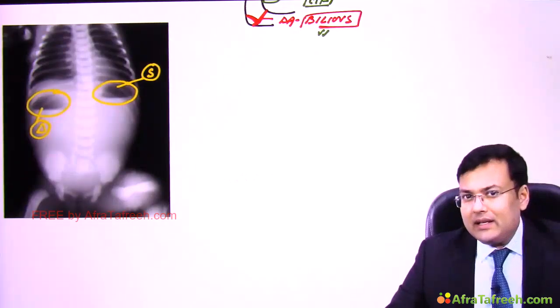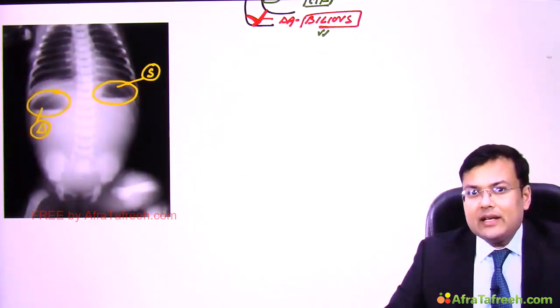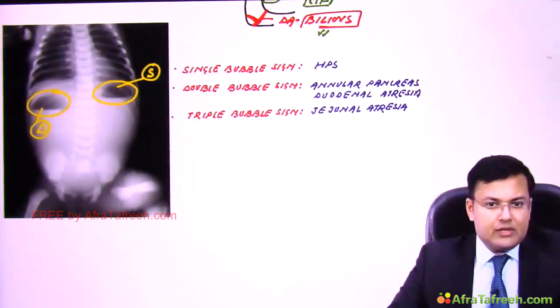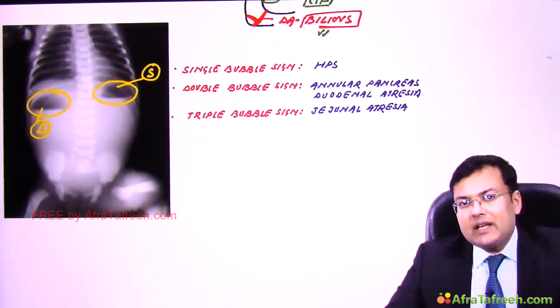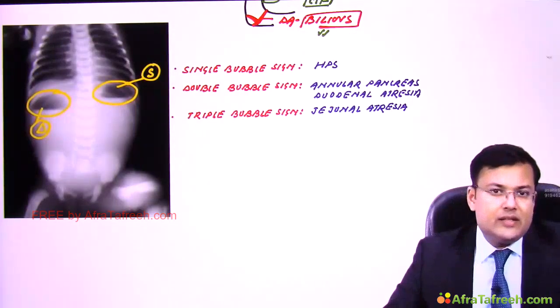Single bubble sign is seen in hypertrophic pyloric stenosis, and triple bubble sign is seen in jejunal atresia. So these are the three important one-liner questions.